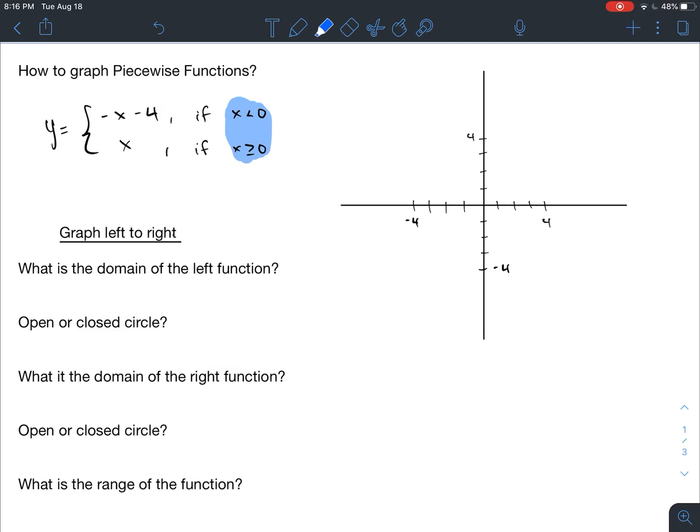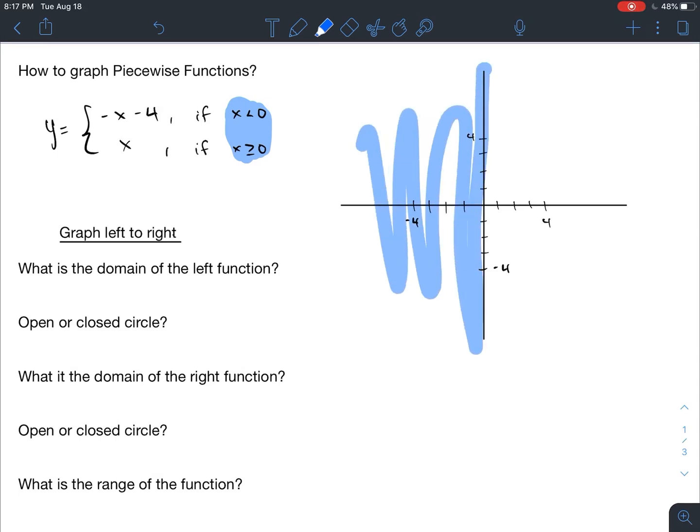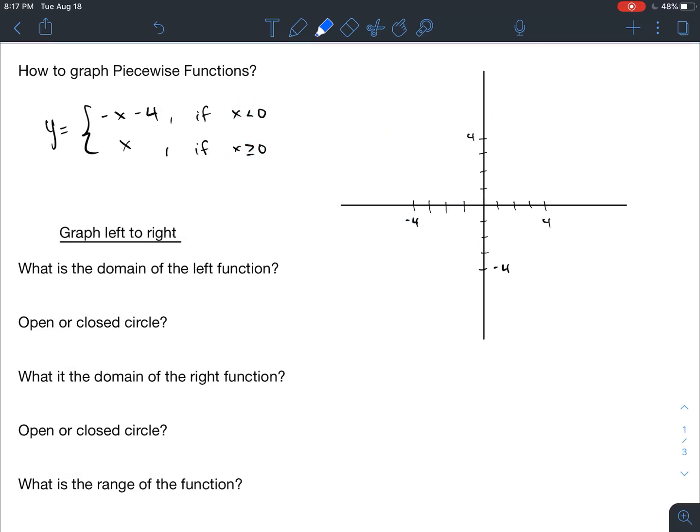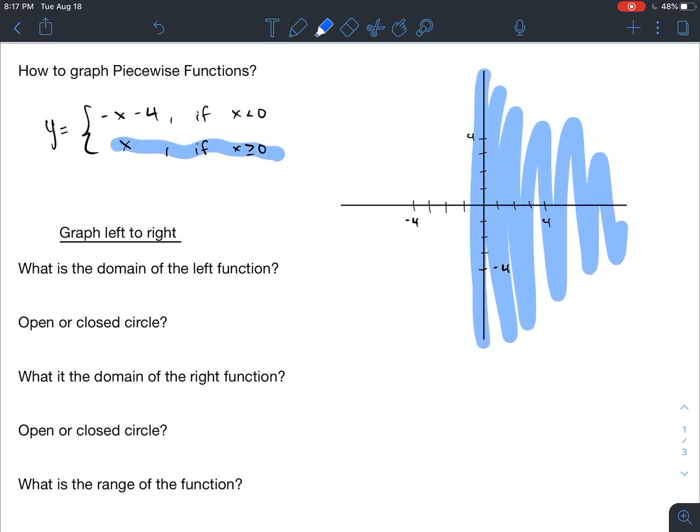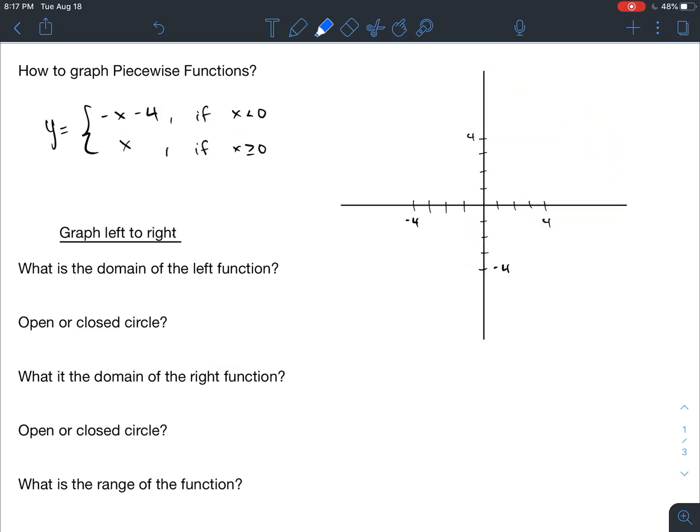So the top function that we have here will cover all negative numbers, so it will cover everything on the left side. And then the right function right here is all the positive numbers, so it will cover everything over here. So that's where I know that my function is going to stop and start. So let's start with the top one. Let's just graph it out.